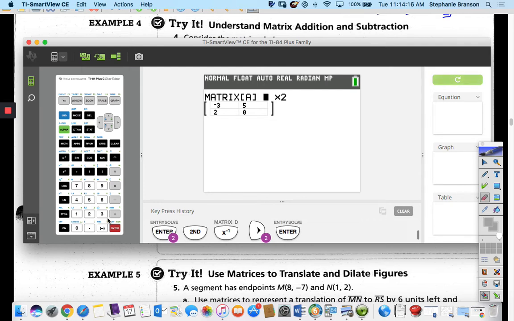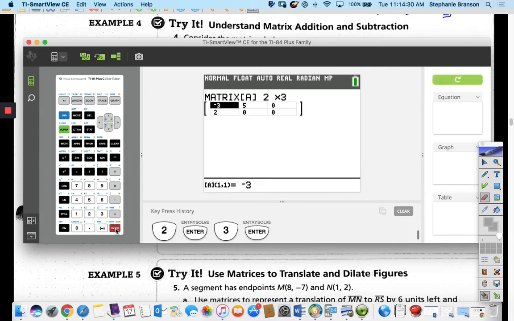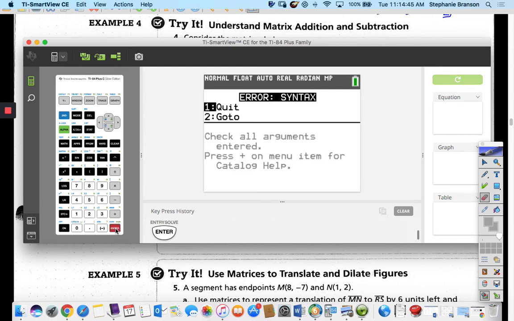So I've got a 2 by 3. Rows, then columns. 2 by 3. That'd be 3 rows, 2 columns. So we got 5, 2, -3.